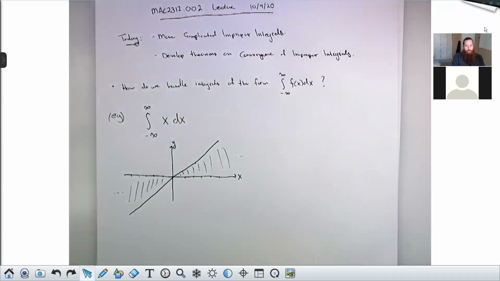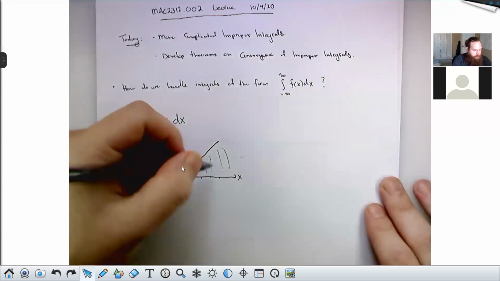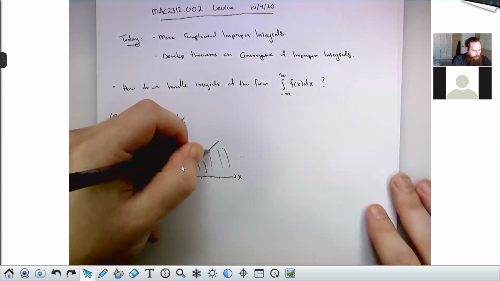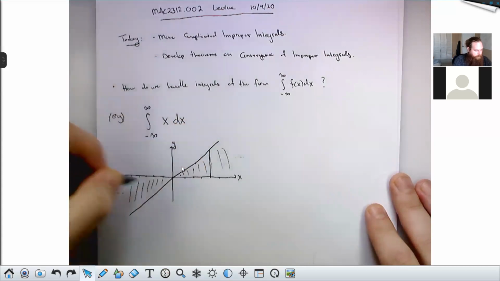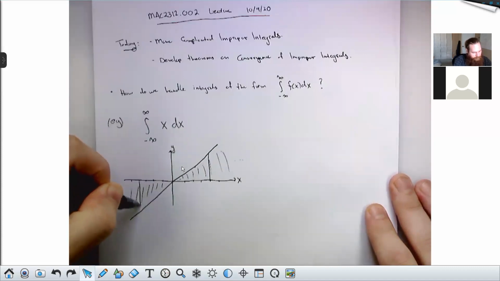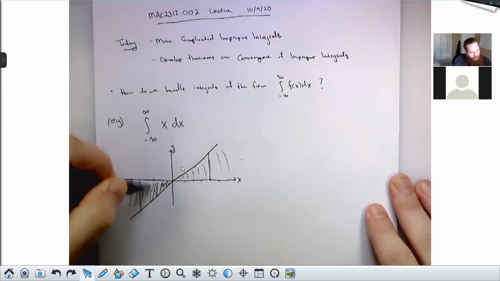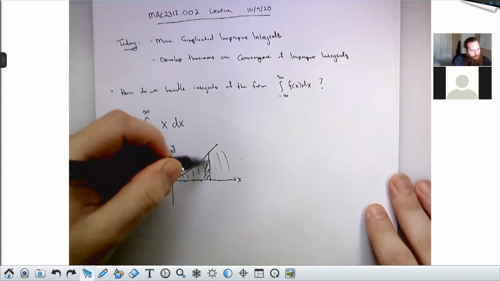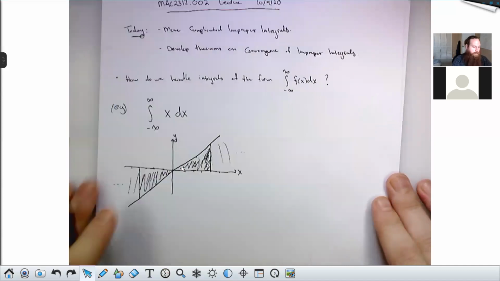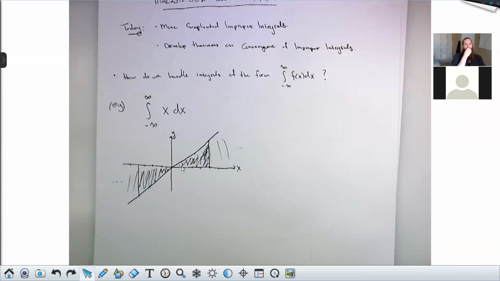Brian makes a brilliant point here in chat. So I see Daniel and a handful of other people feel that this integral should diverge. Brian makes an interesting point here that if I were to integrate just from like here to here, say, and what I'm doing is definitely integrating an odd function about an interval that is symmetric about 0.